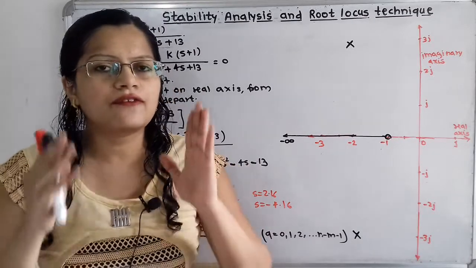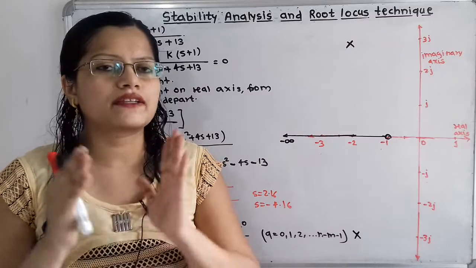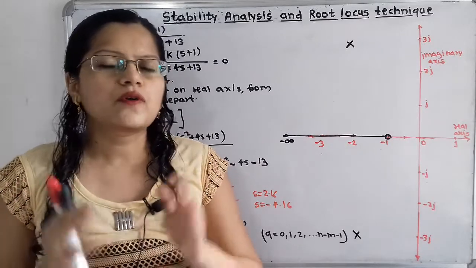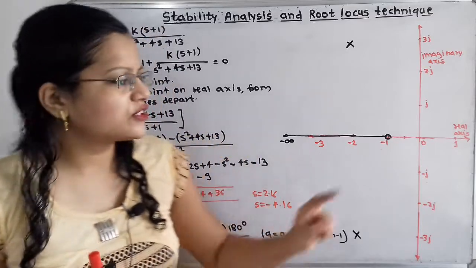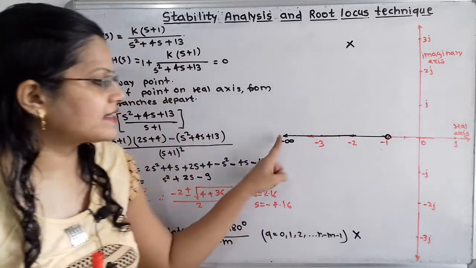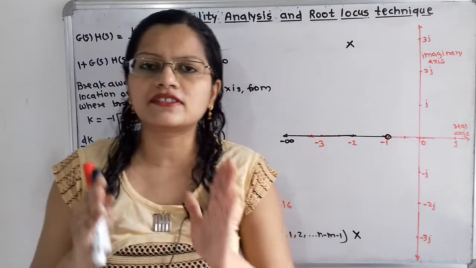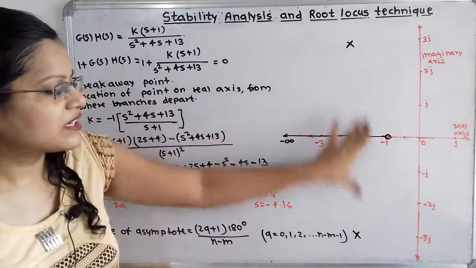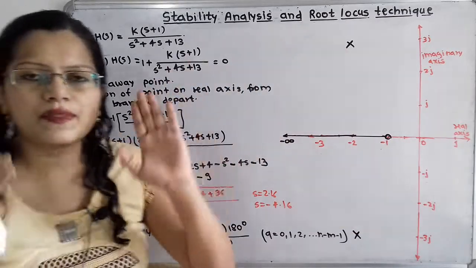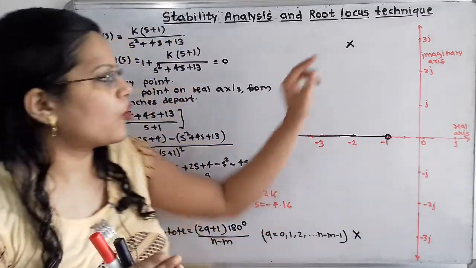Then the next point, when we have to calculate the breakaway point. So what is this breakaway point? The breakaway point is the location of the point on this real axis from where the branches depart. Now we know that for this graph, branches will start from open loop poles.